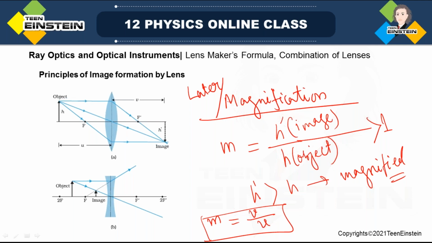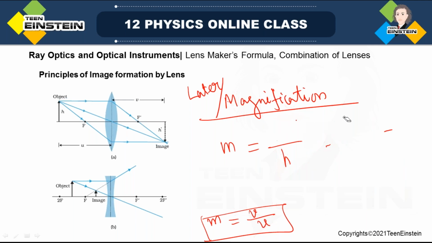Now look, see what is the importance of the sign of the magnification. Actually by seeing the sign, whether it is positive or negative, because it is the ratio of v by u.